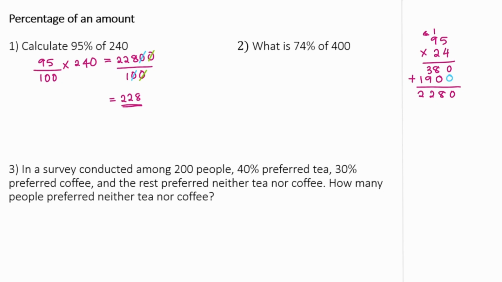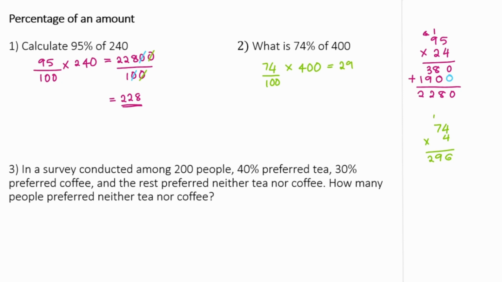So first we are going to write 74% as a fraction, which will be 74 over 100, and we're going to multiply it by 400. So we're first going to work out 74 times 4. 4 times 4 is 16, and 7 times 4 is 28 plus 1 makes 29. So my answer for 74 times 400 will be 100 times bigger than 296.